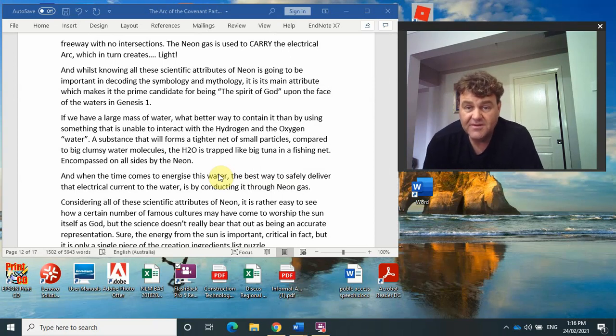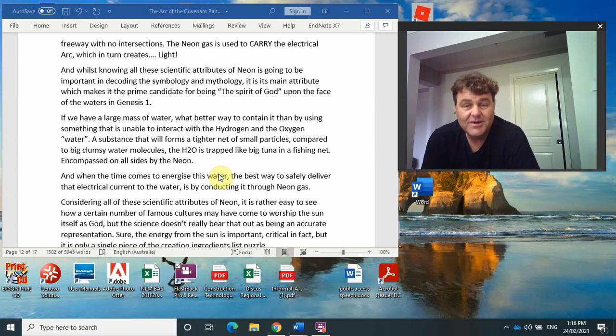A substance that forms a tight net of small particles compared to big, clumsy water molecules. The H2O is trapped like a big tuna in a fishing net, encompassed on all sides by the neon. And when the time comes to energize the water, the best way to safely deliver the current into the water is by conducting it through the neon gas.